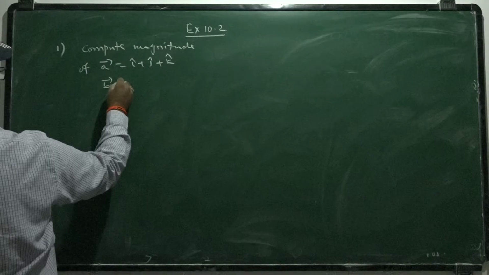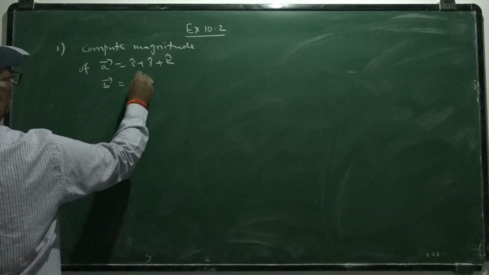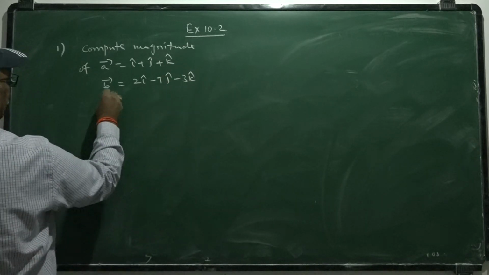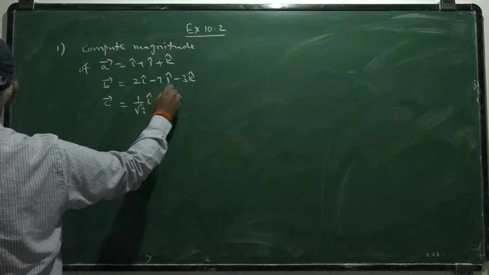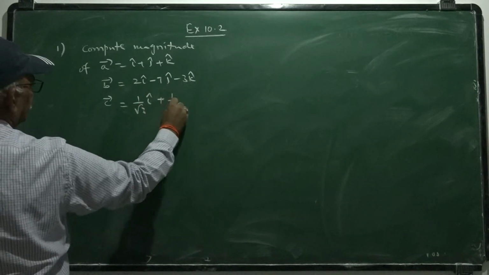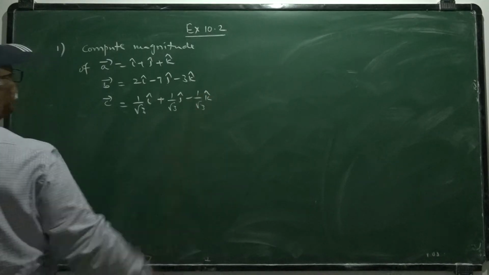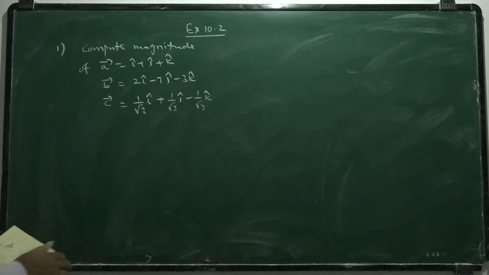These are all vectors. B bar is 2i minus 7j minus 3k. C bar is 1 by root 3 i plus 1 by root 3 j minus 1 by root 3 k. Compute the magnitude of the vectors.